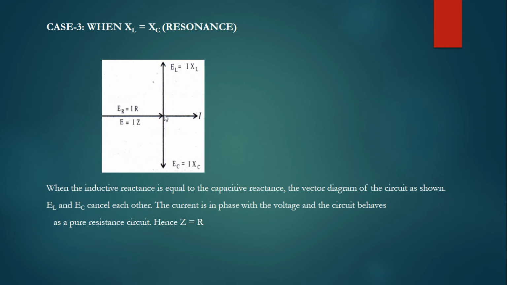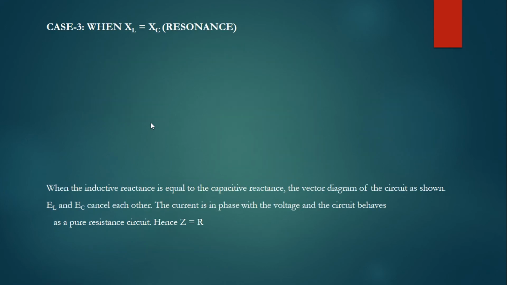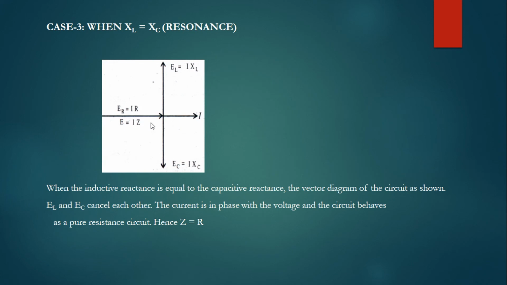Phi is equal to tan inverse of (XL minus XC) by R. In this formula, phi is equal to tan inverse of (XL minus XC) by R. Here when XL is equal to XC, it becomes 0. So phi is equal to 0.